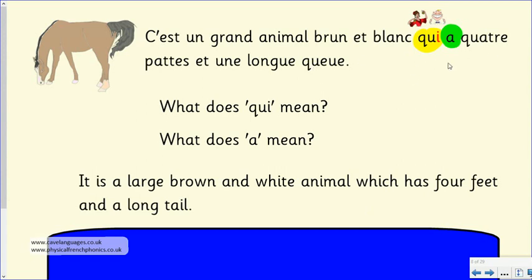A subordinate clause just tells you more about the main clause. So it's a large brown and white animal. We could stop there, but we're going to add a bit more information, which has a little bit more information, 4 feet and a long tail. So we've got an extra clause there following on. And we're introducing it with qui. So QU is k and a letter I, E, qui. Have a go at saying that. Qui.